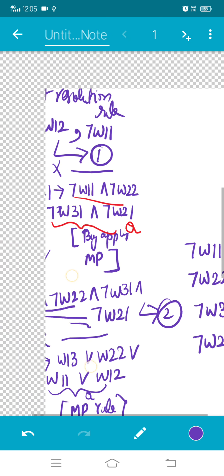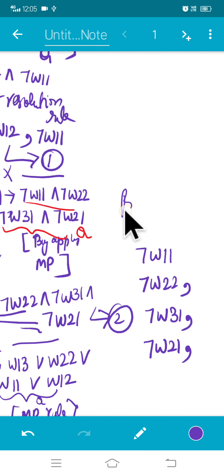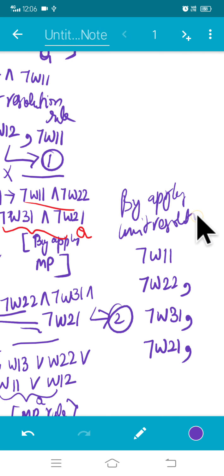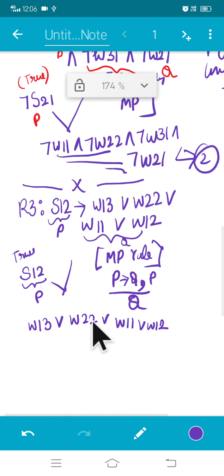That is how we have written it, by applying the unit resolution rule.